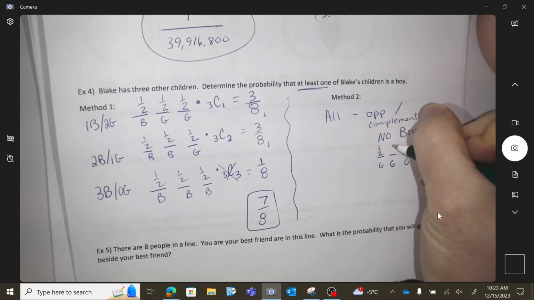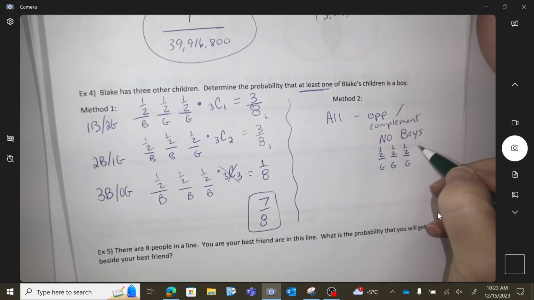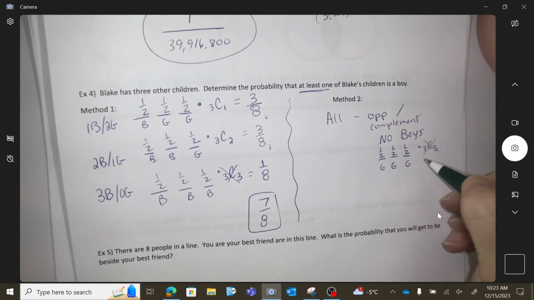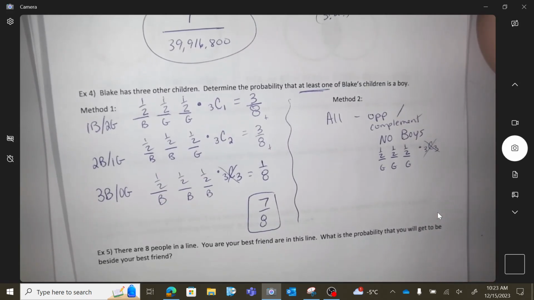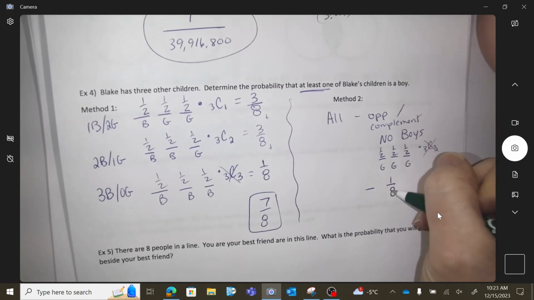So 1/2, 1/2, 1/2. You technically don't have to do anything else because there's no way to move around girl, girl, girl. So that is 1/8.